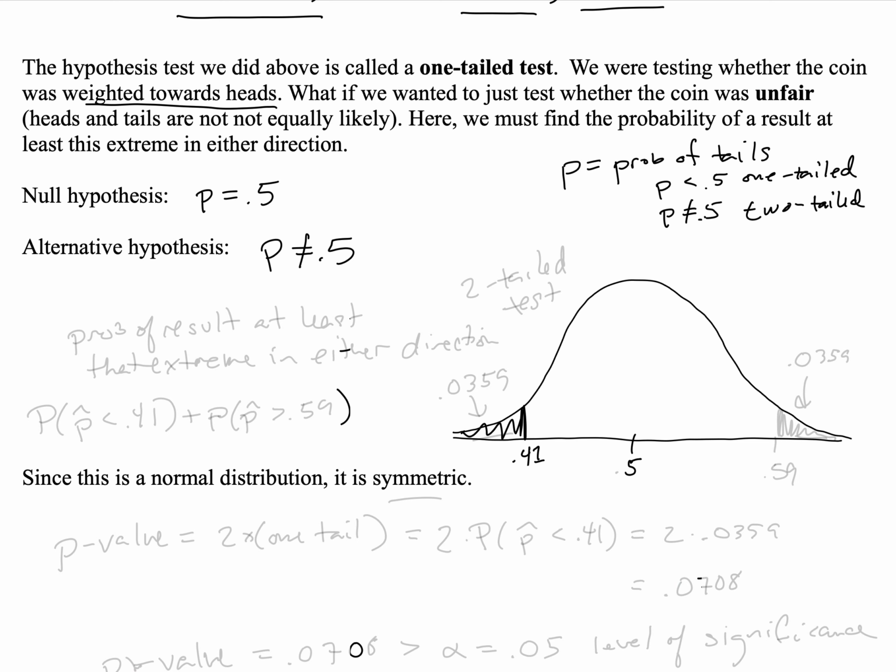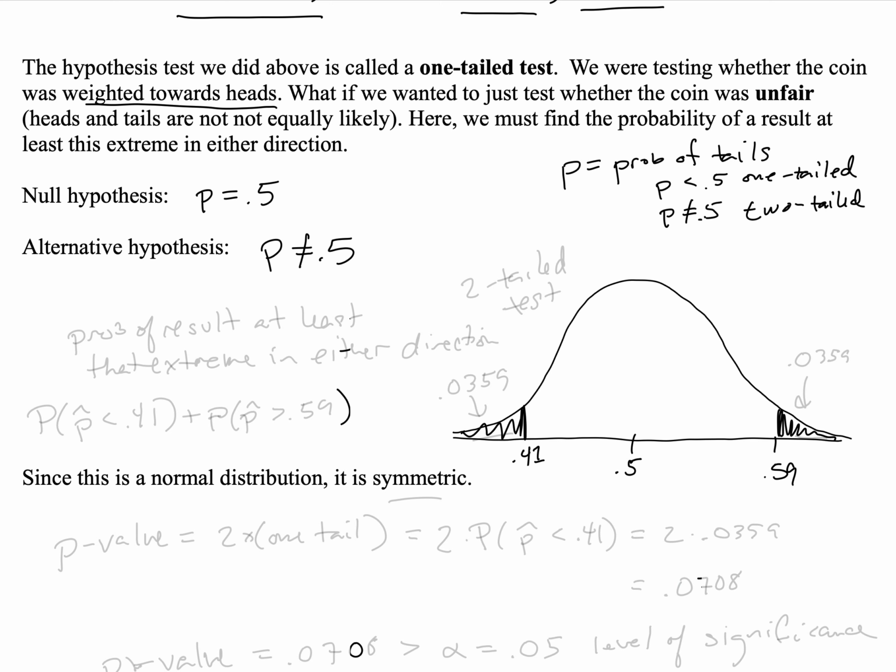So we were trying to find the probability of a result at least that extreme, assuming that the coin was fairly weighted, that P was truly 0.5. Now, because we are interested in both tails, we want to find the probability of a result at least that extreme on either end. So the probability that it's less than 0.41 on that end, or greater than, since this is a difference of 0.09, greater than 0.59 on that end.